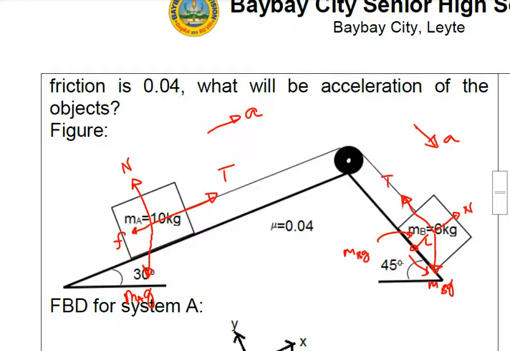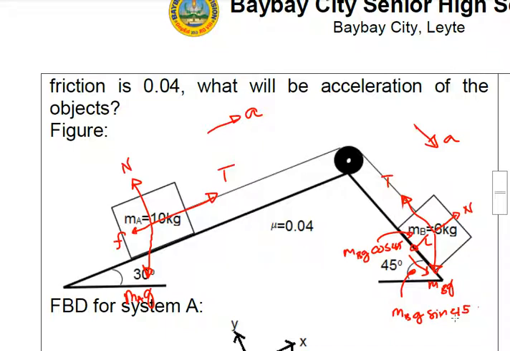This is cosine, adjacent, so this is cosine 45. Then this part here, this is m_B g sine 45. This is 45. So again, this is 45.